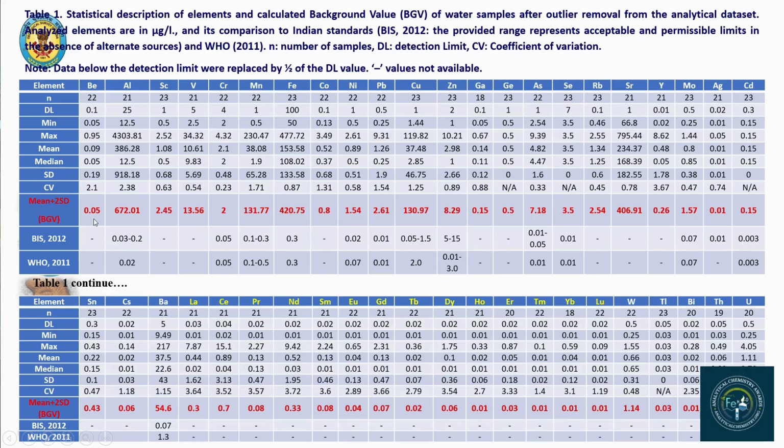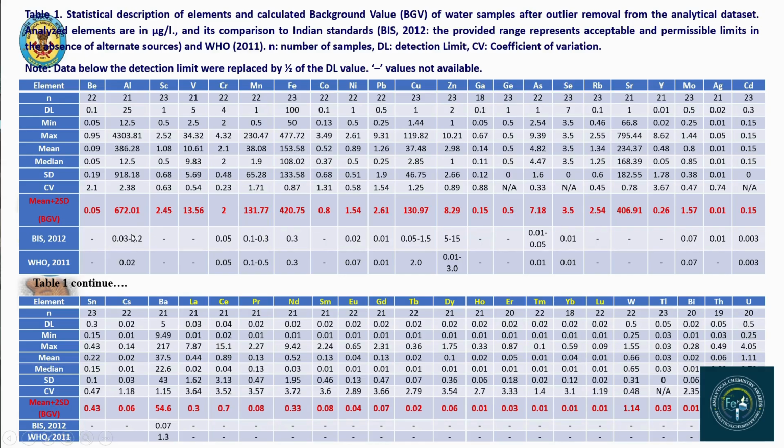And in the red color, we can see there are only two elements, aluminium and iron, that are more than the permissible limit.